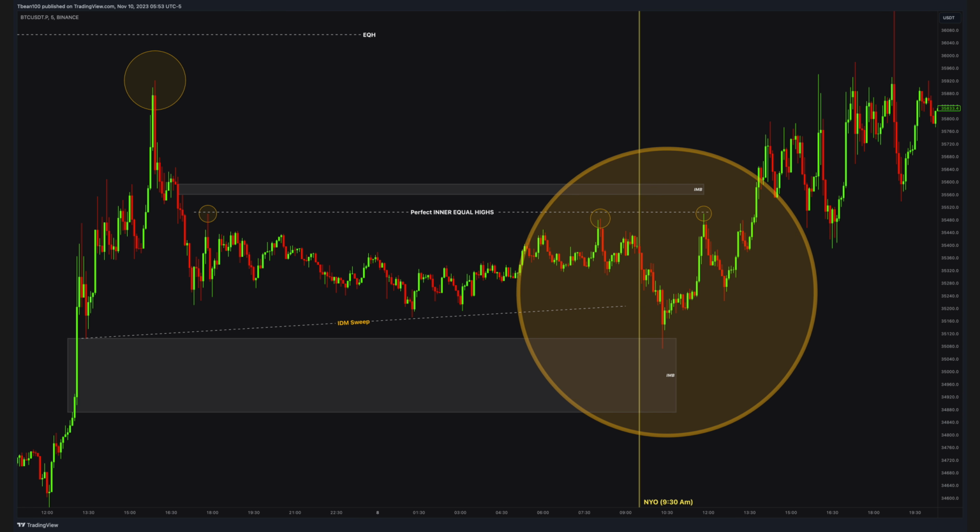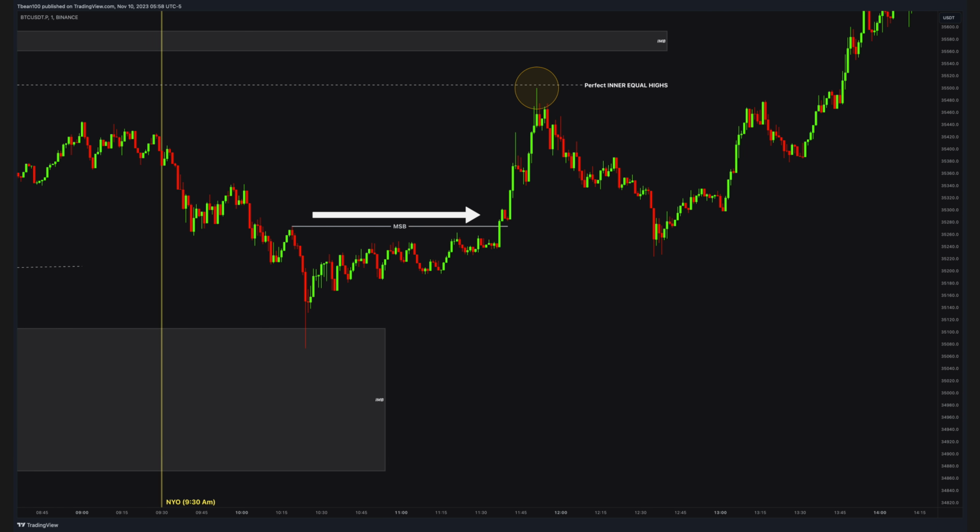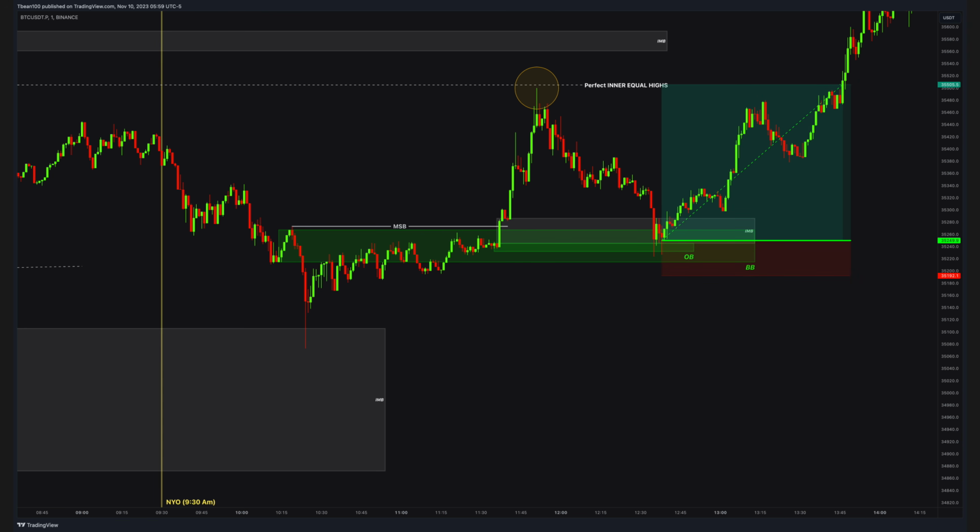Now let us focus. Notice the structure shift here and this large imbalance. So what you see here, a perfect combination of 3 smart money concepts collide together. An imbalance, an order block, and breaker block.